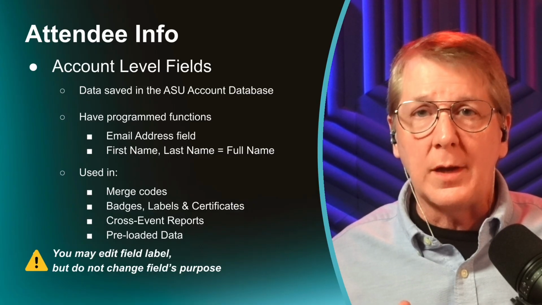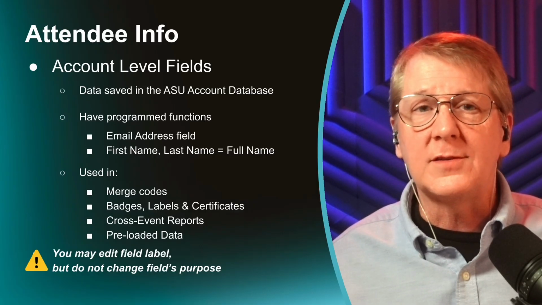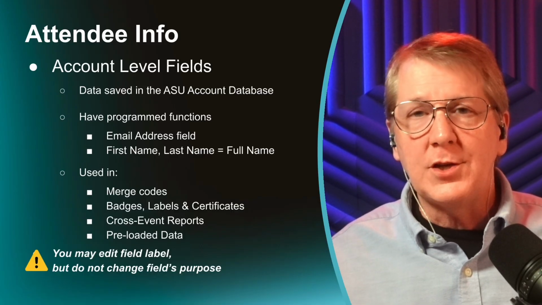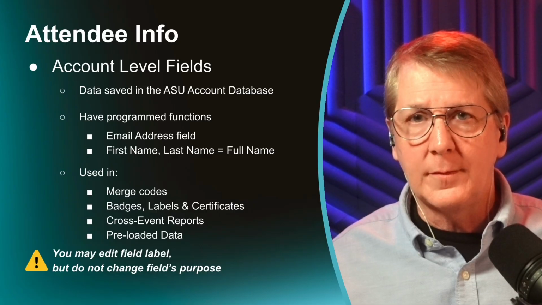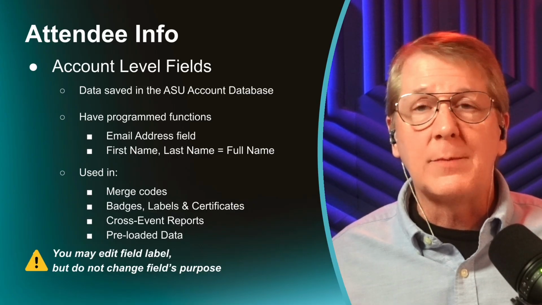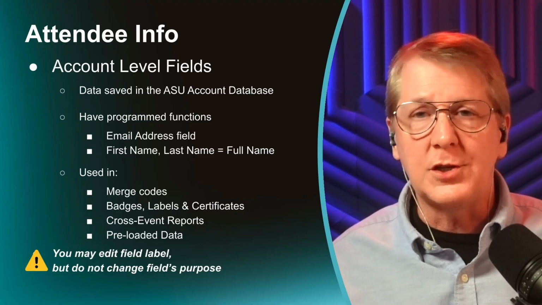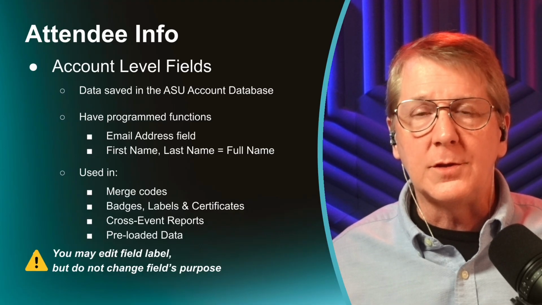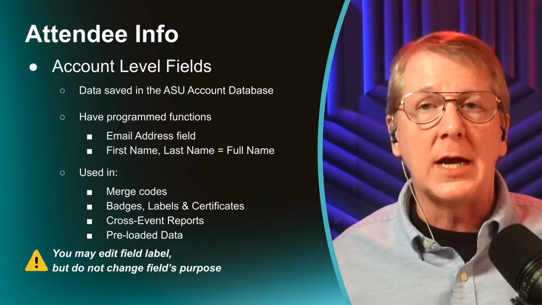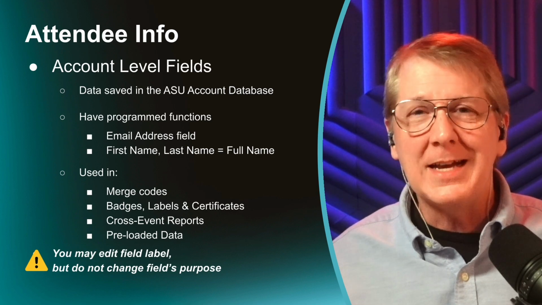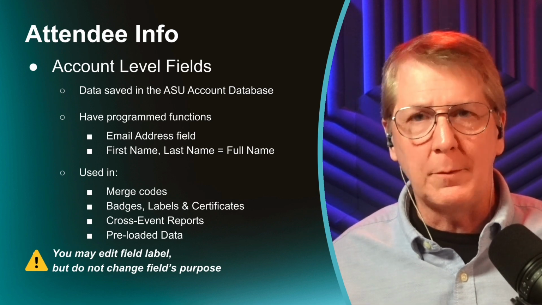Okay. So we always close with account level fields, just as caution, is that you may edit the field label, but do not change the field's purpose. What do I mean? Well, for example, we have a title field, and perhaps for your constituents, that's not the term they'll understand. Perhaps you want job title. You can change the label to job title, and you have not changed its purpose in the database.